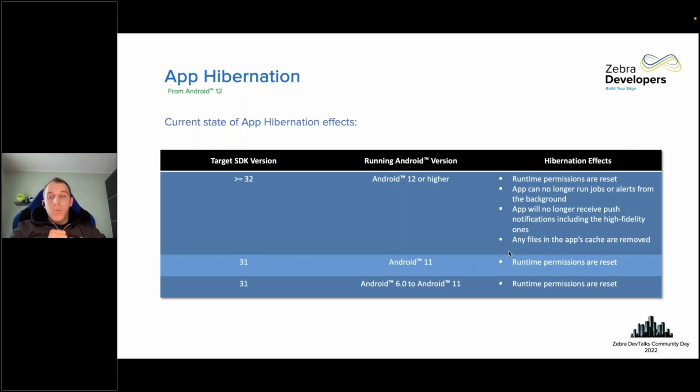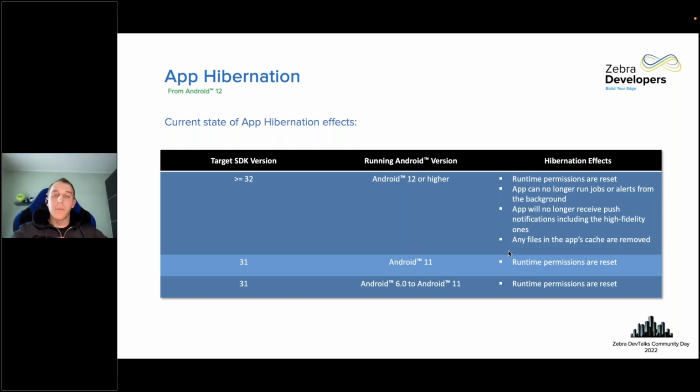Now, going forward, we have some updates on the app hibernation capability, starting with Android 12. So for those who don't know how app hibernation works, essentially the operating system, based on different factors, is going to hibernate your application after a specific period of time whenever you are no longer using the application.